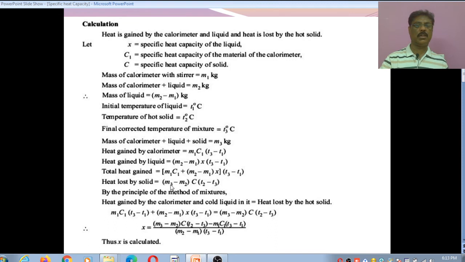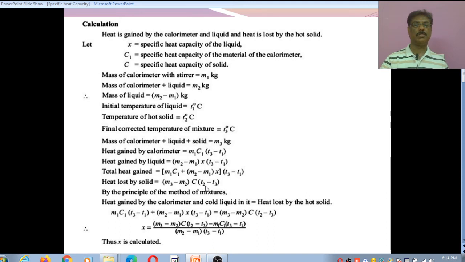Now the total heat lost by the solid: the mass of the solid is m3 minus m2, times C, the specific heat capacity of the solid, times the temperature change. T2 is the temperature of the solid, and T3 is the temperature of the mixture.